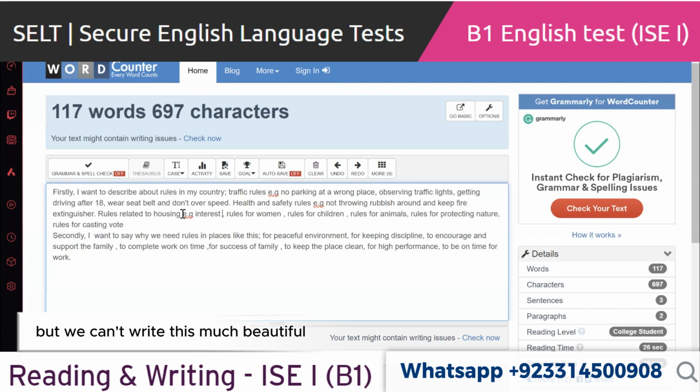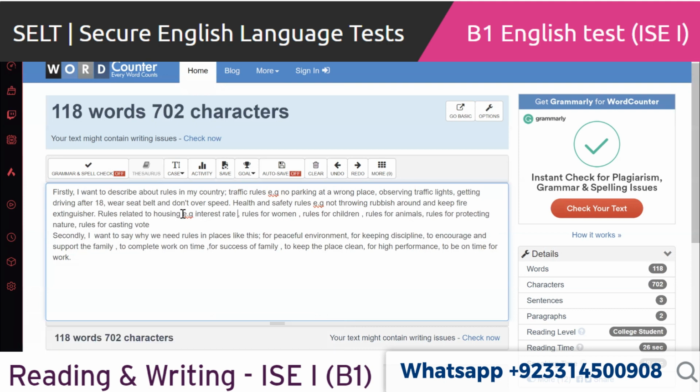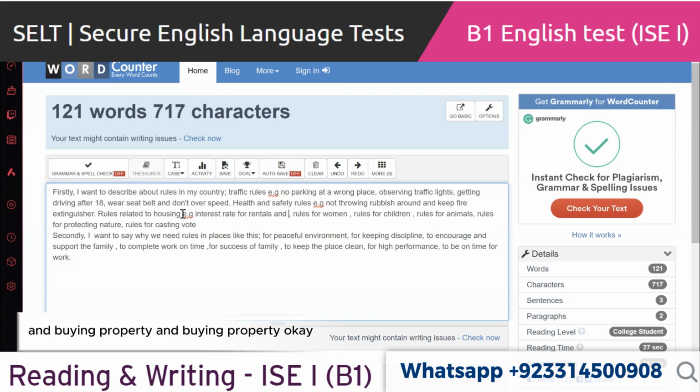But we can't write this much. We just pick one. Interest rate for rentals and buying property.